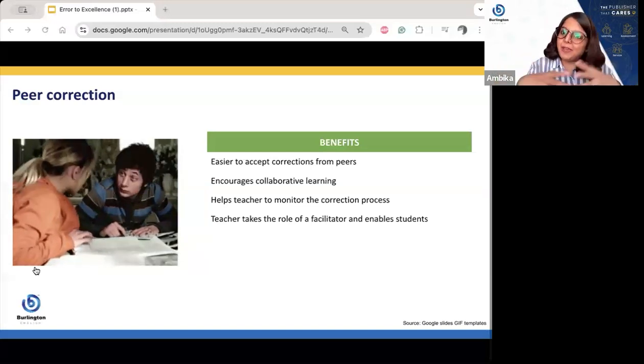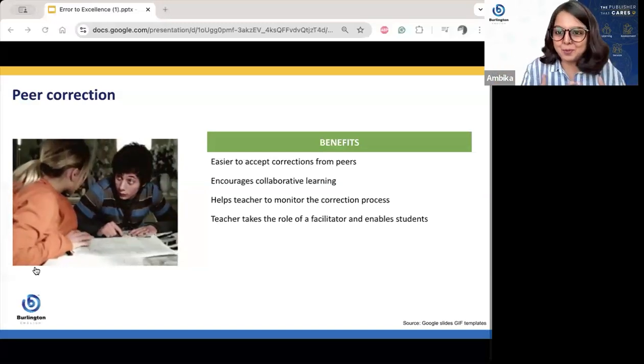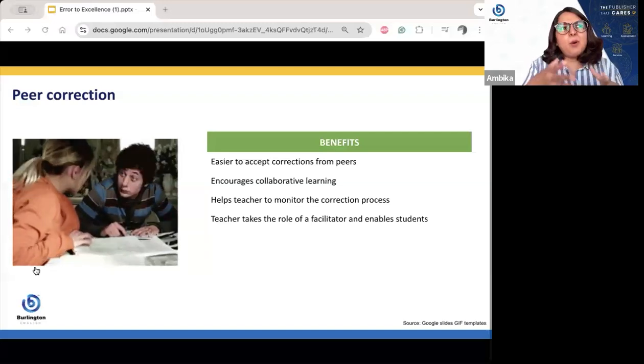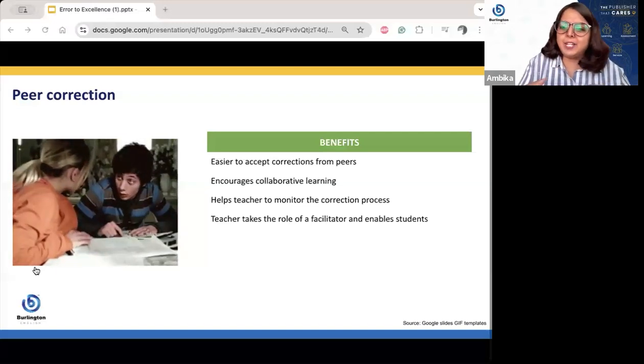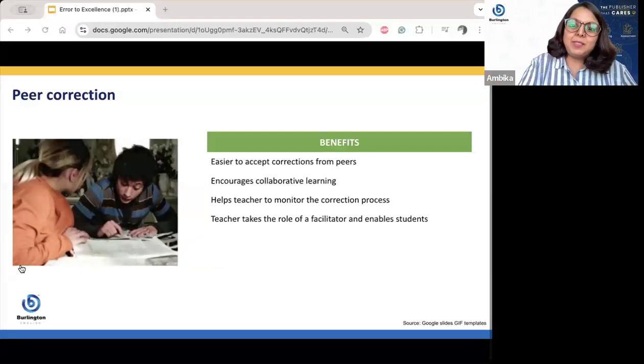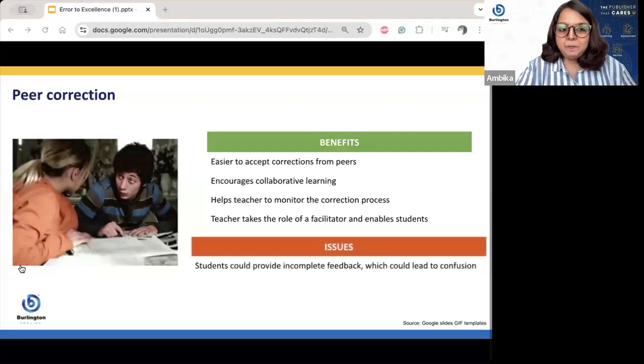It also encourages a collaborative learning approach. You're not alone when you're learning. And somehow I feel it's much easier when your friend tells you that there is a mistake than being corrected explicitly. So in that way, it also helps.